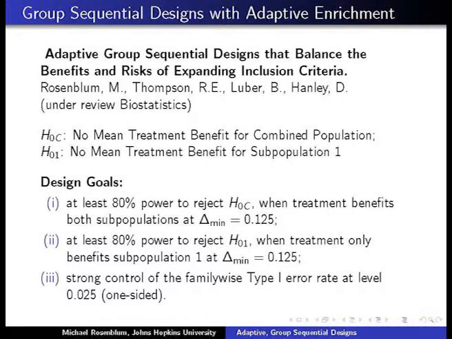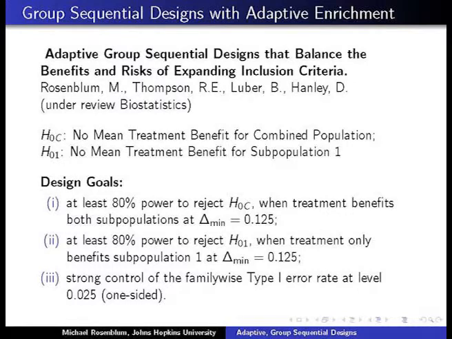You could pose the same null hypothesis for just population 1. You could also add population 2 if you wanted to, but we focused on population 1 because there's better prior evidence that the treatment is going to work for these patients if it works for anyone. So population 1 is the small IVH population, and then the combined population is anyone with ICH.